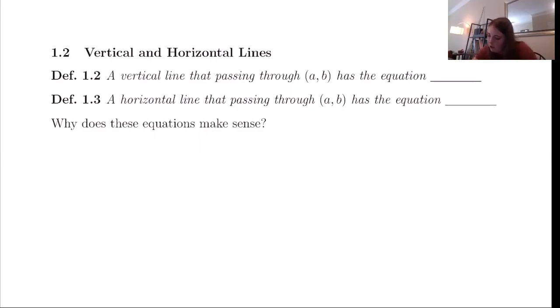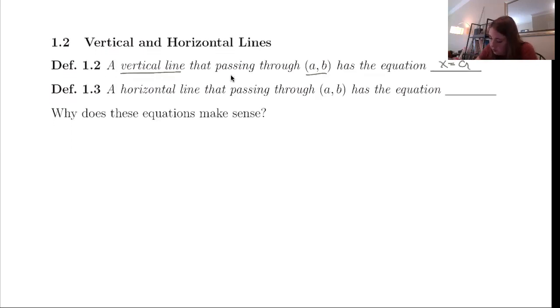But basically a vertical line that passes through the point (a, b), so remember a vertical line, I need to make sure I don't write this wrong, has the equation x equals a. So it's a vertical line.